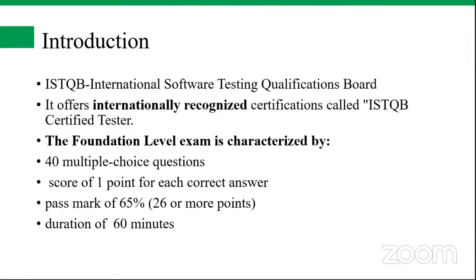And something to be happy about here is you don't have negative marks, so you can attempt every question of the question paper. But to clear this exam, you would need 26 or more points, which accounts for 65% of your total marks. And you have to complete the entire exam in 60 minutes, which is also quite tiresome compared to the difficulty of the question.